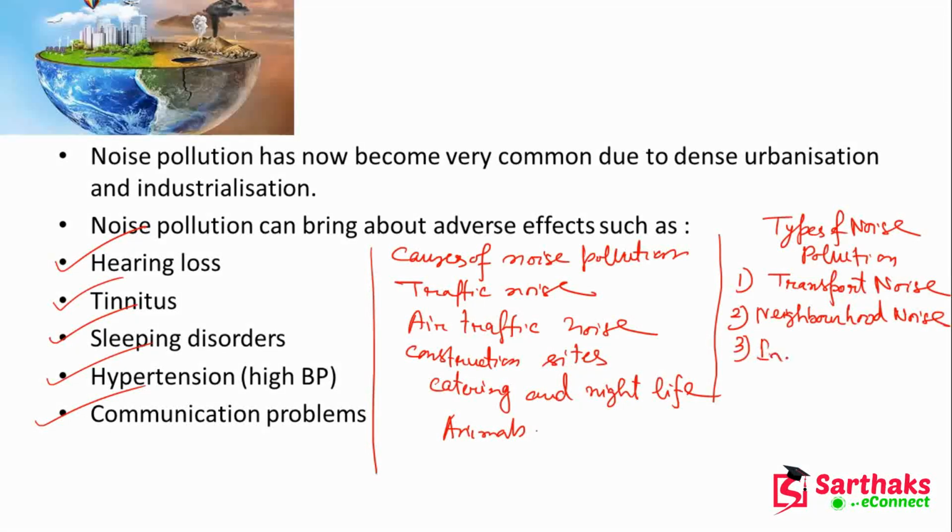Number three, industrial noise. And what are the causes of noise? Already we have studied. Sound is produced by vibrating objects and reaches the listener's ears as waves in the air or another medium. When an object vibrates, it causes slight changes in air pressure, and these changes travel as waves through the air and produce the sound.